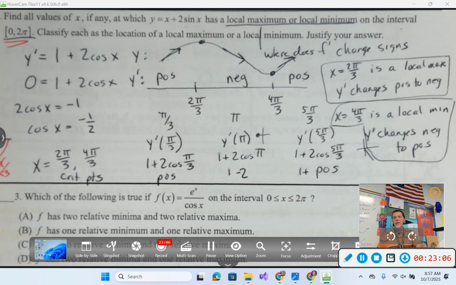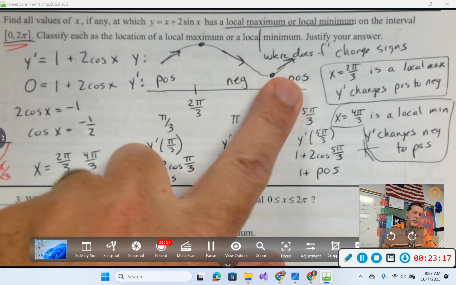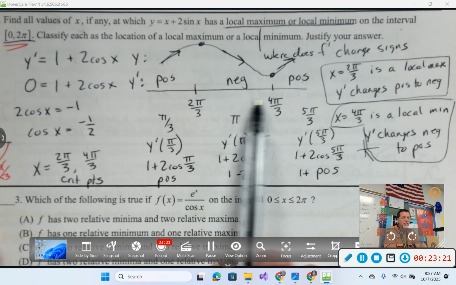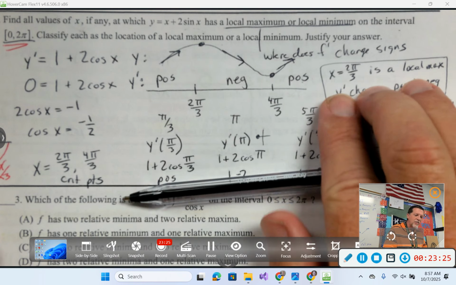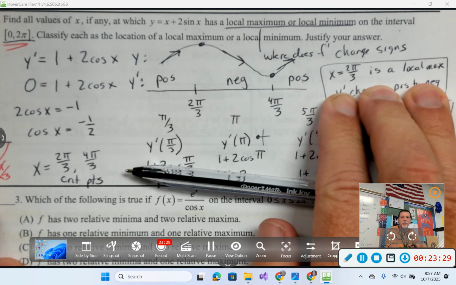Every year I haven't told you about my favorite Facebook group. It's a group of calculus teachers who ask questions of each other and get good answers, primarily because there's College Board people on there who know the answers. Every year someone will ask, is the sign chart good enough? Like, clearly there's my sign chart, so I can tell by looking at my sign chart that x equals 2 pi over 3 is a local max.